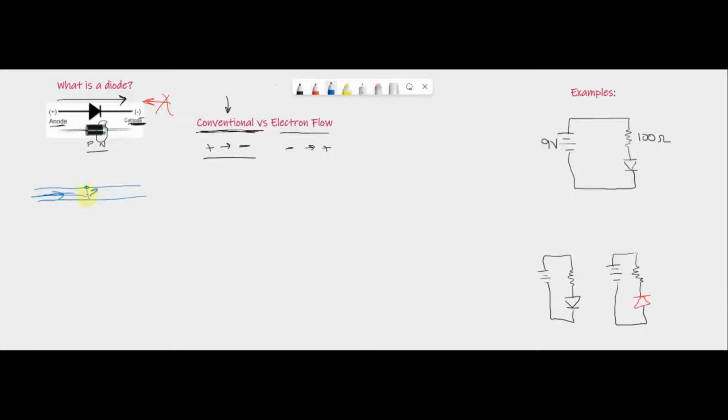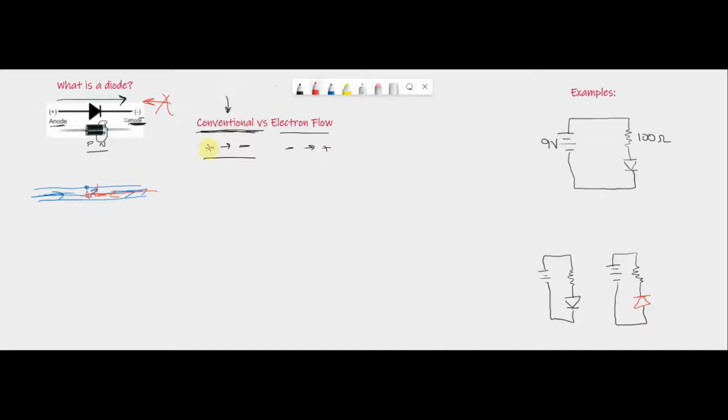It hits this gate, it goes up, and the water continues to flow. But if water tries to flow the opposite direction, this way, this little valve shuts and does not allow the water to go through. This is how a diode works. It allows current to flow in one direction, but when current tries to flow the other direction, it stops it. All right, so that is what a diode is.